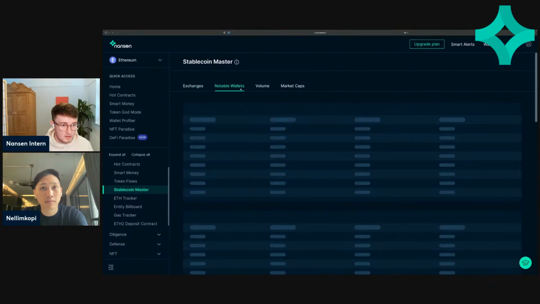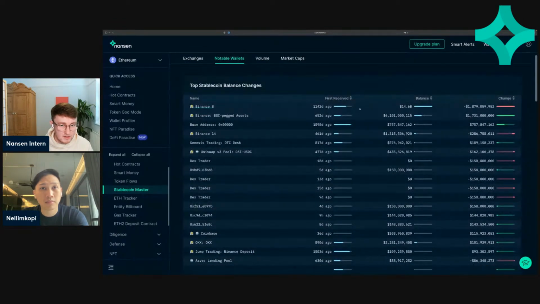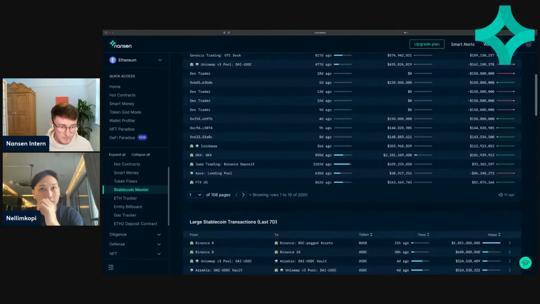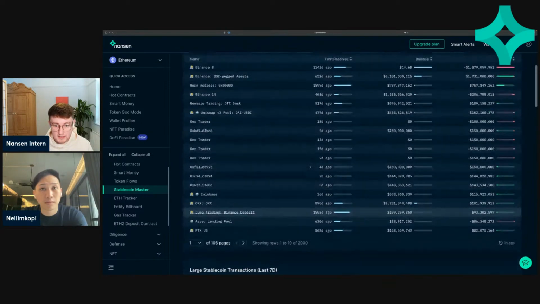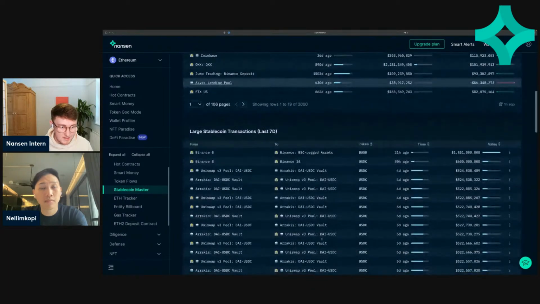We can again look at balance changes, so you can see what ones have gone down a lot. So this movement of 1.8 is from that Binance wallet. Genesis trading, adding 200 million. So these are things you can look through. You can see the Jump trading Binance deposit has had an increase of $93 million added to that.